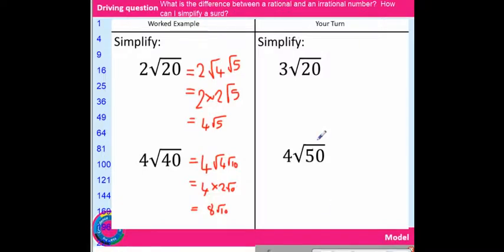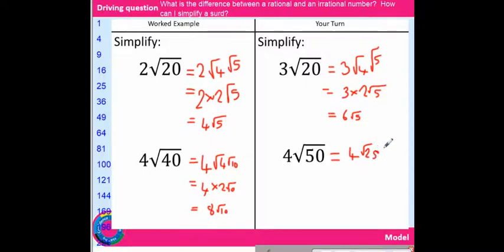Brilliant, hopefully you've had a go at those. 3 root 4 root 5 is 3 multiplied by 2 root 5, which is 6 root 5. 4 root 50 is 4 multiplied by root 25 multiplied by root 2.